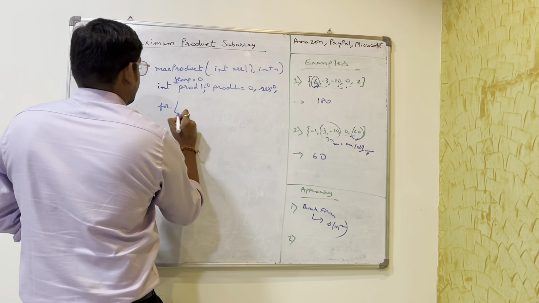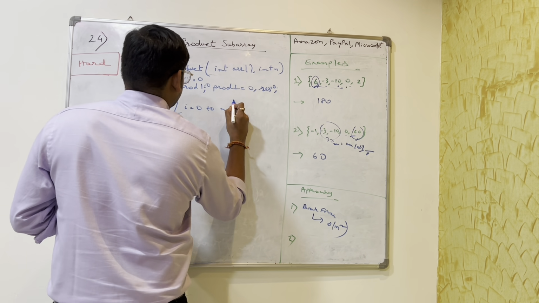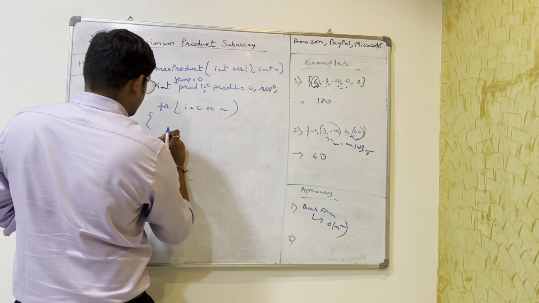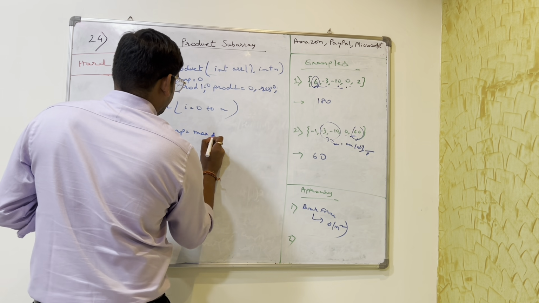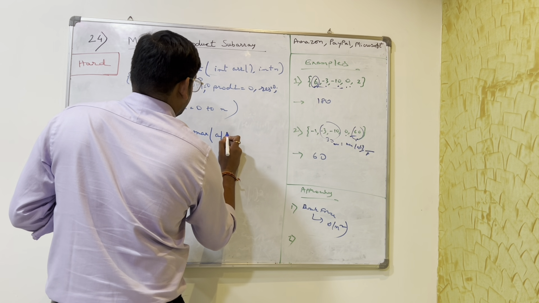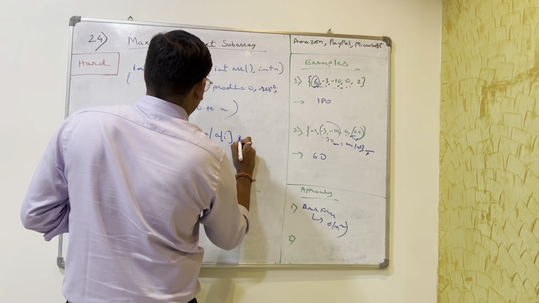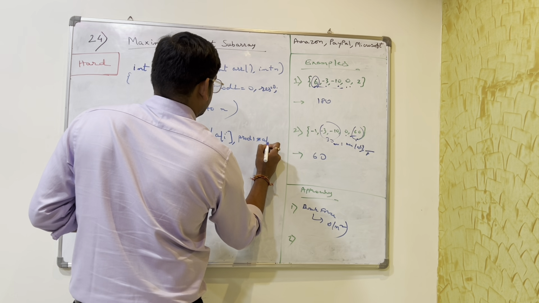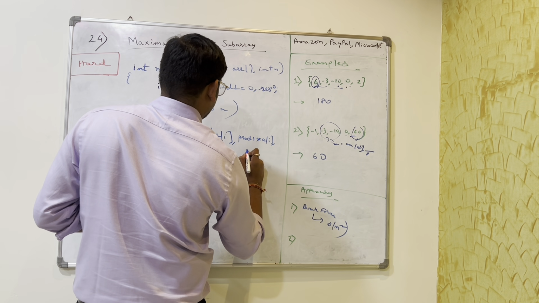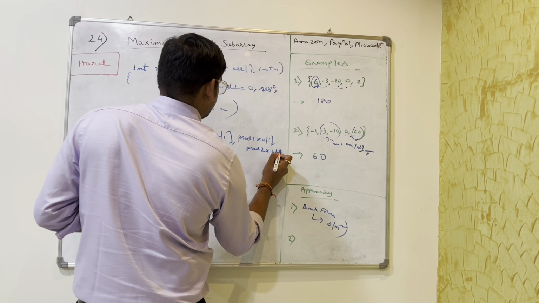So now when we traverse this for i equal to 0 to n, the temp would be a max of AI, the current value, then the previous value prod 1 into the current value, and prod 2 into the current value.